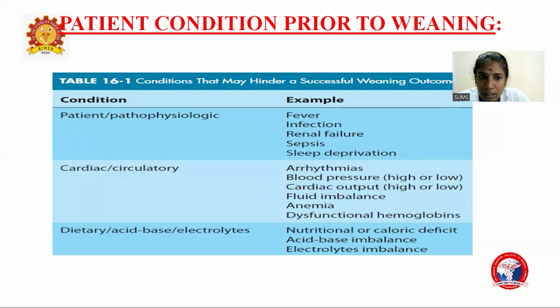And the next is the cardiac and circulatory status. There should not be any arrhythmia, and the blood pressure should be normal. It should not be too high or too low. Cardiac output should be maintained normal, and the fluid balance and electrolyte balance should be normal. And we have to correct the anemia, because if the patient has a hemoglobin of 5, the oxygen carrying capacity is low.